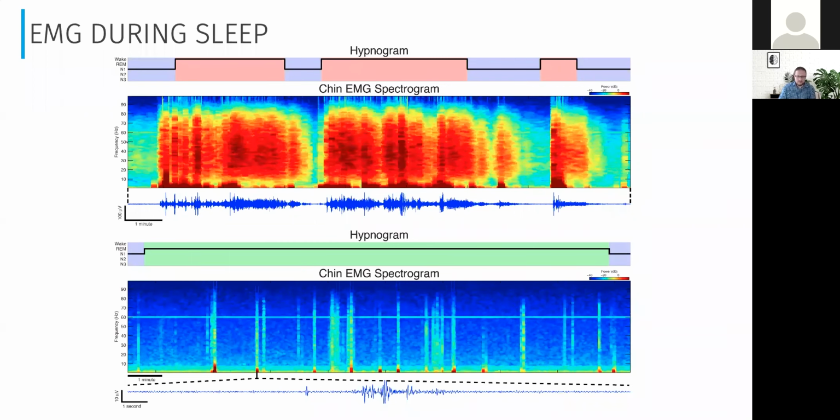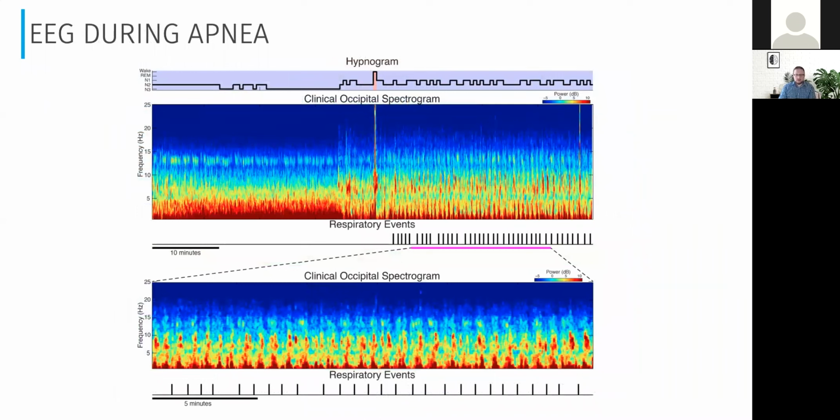So this is a very powerful tool. Moreover, you can also look at what happens during respiratory events like sleep apnea. And often you see these really interesting bursts going on here that I think are something that's a subject of future study here.